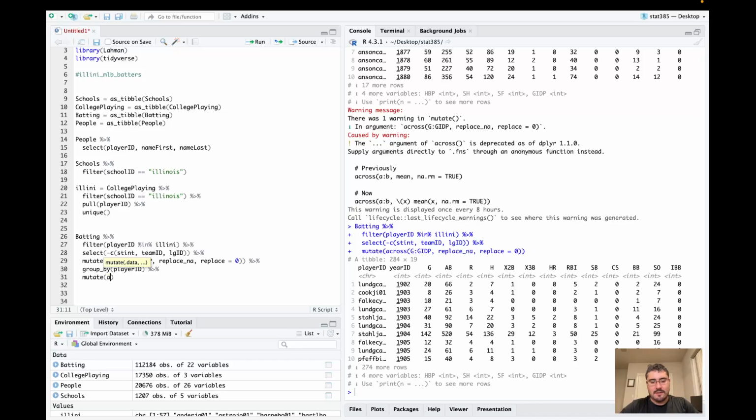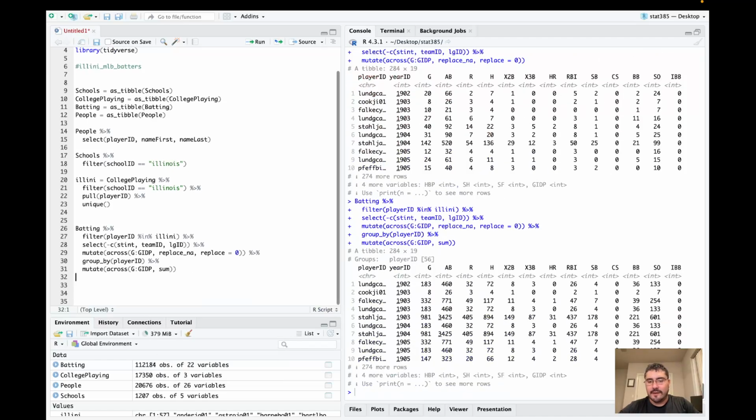Mutate across games to ground into double plays, right? That's all of these columns going into ground into double plays. Okay, awesome. And let's do sum.